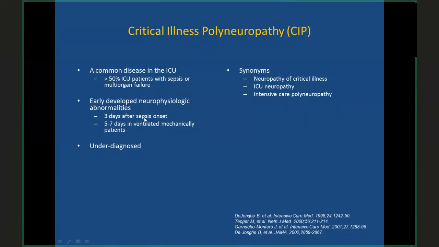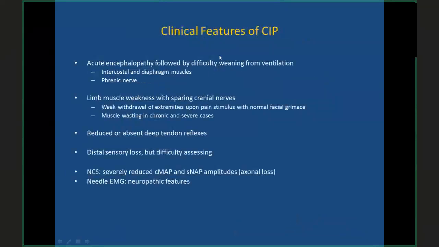Overall, it's very underdiagnosed. The typical features of CIP are acute encephalopathy followed by difficult weaning from the ventilator. Then the patient has muscle weakness and atrophy in the arms and legs, especially the distal limbs.